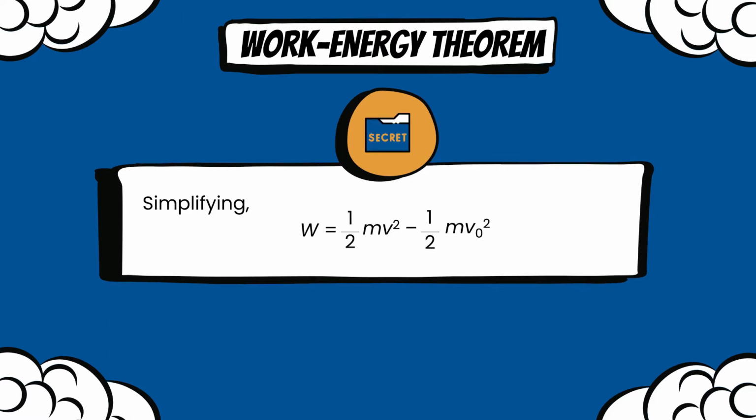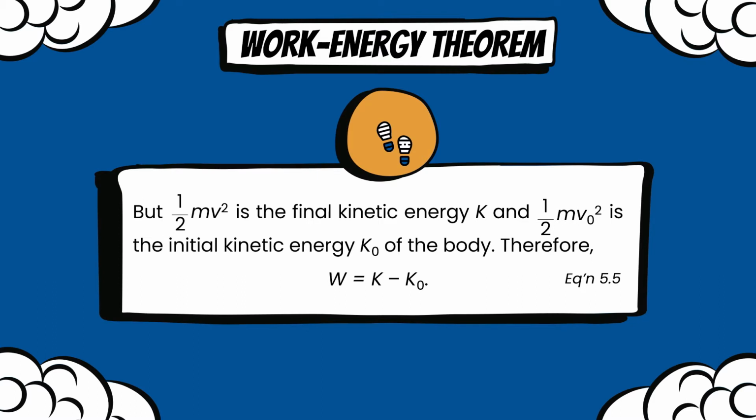And simplifying, we have W which is equal to 1/2 mv squared minus 1/2 mv sub 0 squared. But 1/2 mv squared is the final kinetic energy K, and 1/2 mv sub 0 squared is the initial kinetic energy K sub 0 of the body. Therefore, we can write the equation as W is equal to K minus K sub 0.